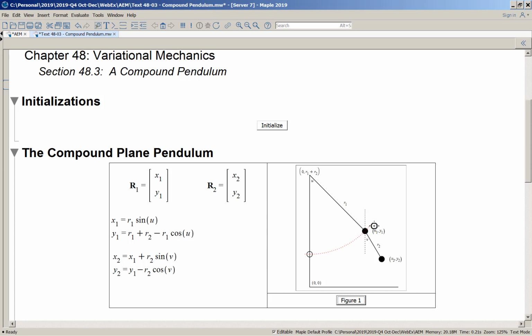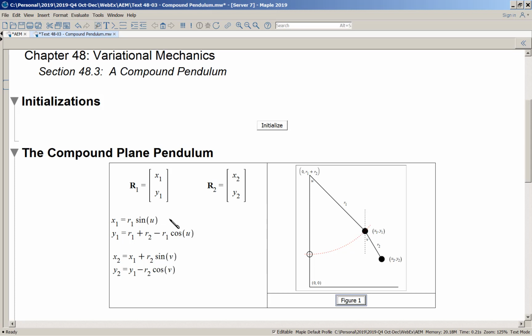When these swing, there are two angles defined, u and v. The coordinates of the first mass are x1, y1, and the coordinates of the second mass are x2, y2. There are two position vectors, one to the first mass, r1, and one to the second mass, r2.